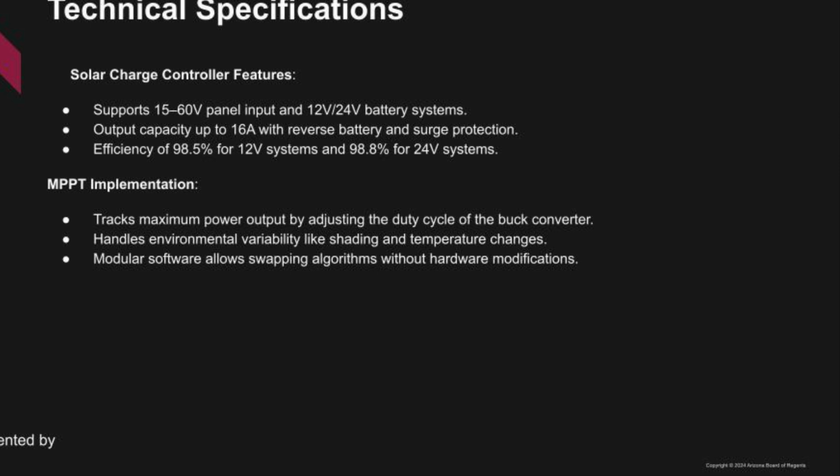Preferably, this was to identify and prove the data behind the efficiency of gallium nitride and other components, and hopefully in the future the confirmation of this will lead to scalable, larger inputs and outputs. Confirming the efficiency, the MPPT implementation tracks the maximum power output by adjusting the duty cycle of the buck converter, and handles the variability in temperature and shading.